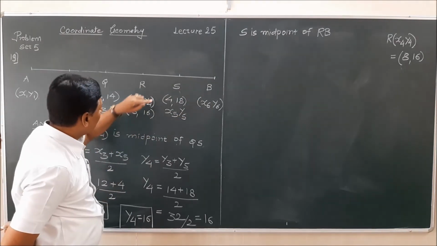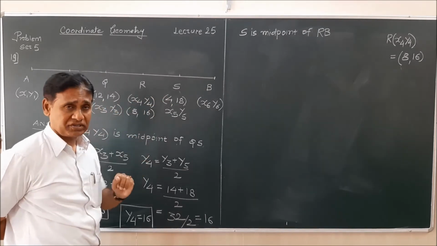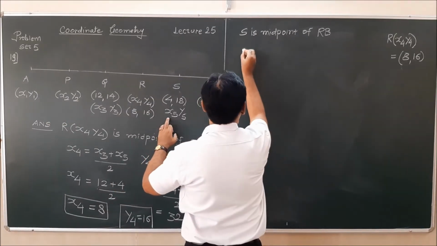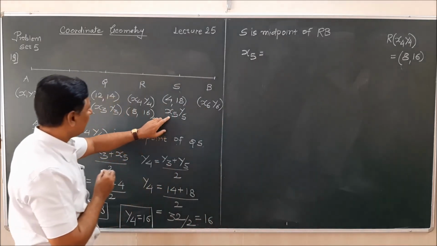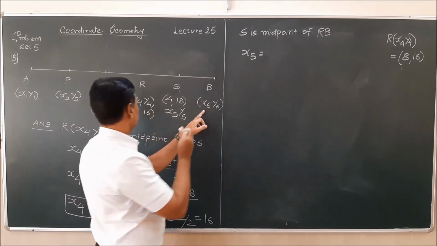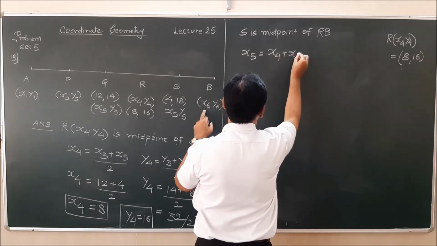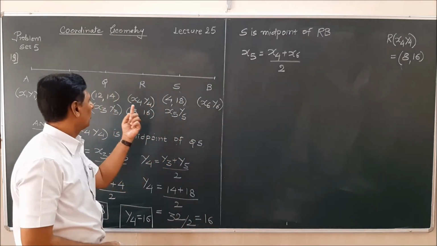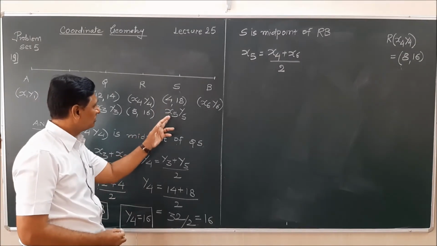Now the x and y coordinates of the midpoint are given. So x5 is equal to x4 plus x6 upon 2.